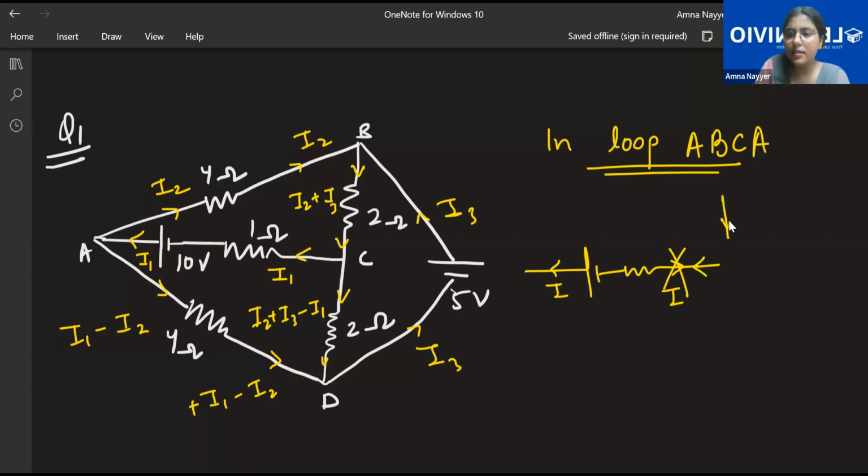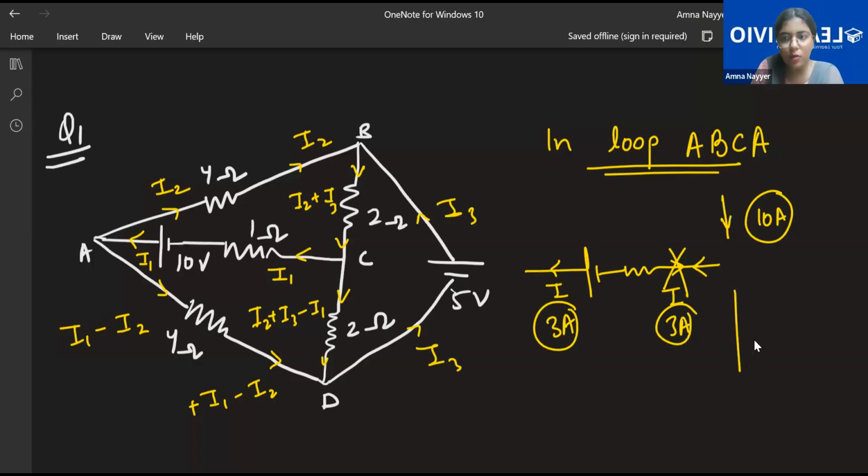So a certain amount of current was coming. Let's say 10 ampere is coming. And this had initially 3 ampere. It means this is also 3 ampere in this part of the branch. So what will be left? 7 ampere will be left. Now come to the variables. This 10 ampere is represented by I2 plus I3 because they were coming. In this branch already I1 was existing, which was going away.